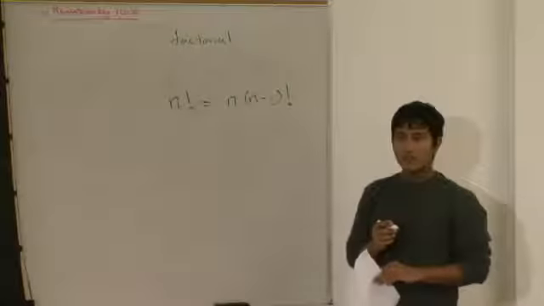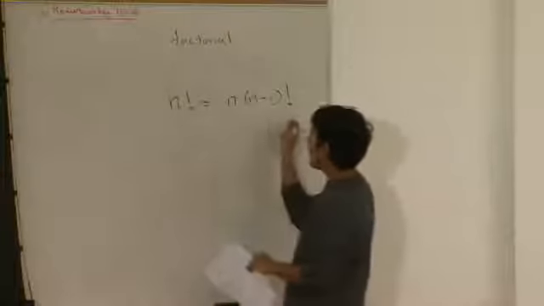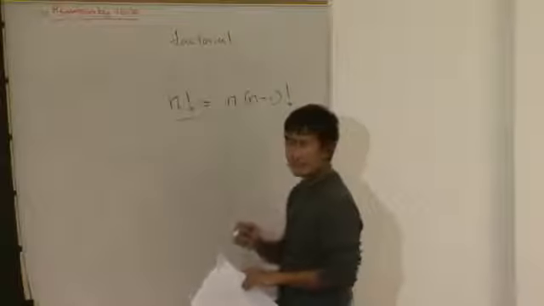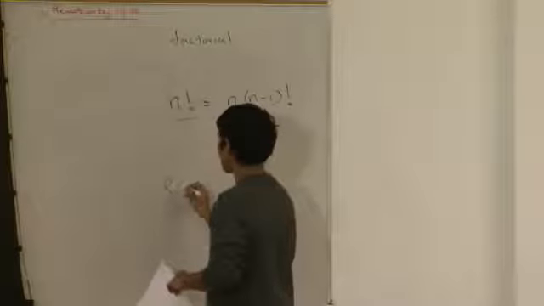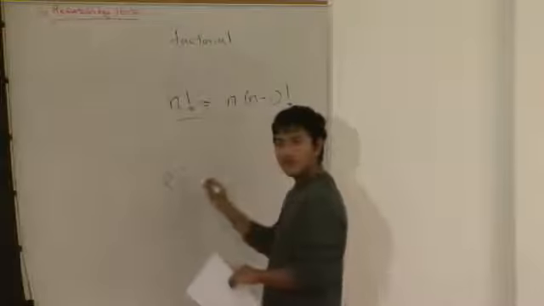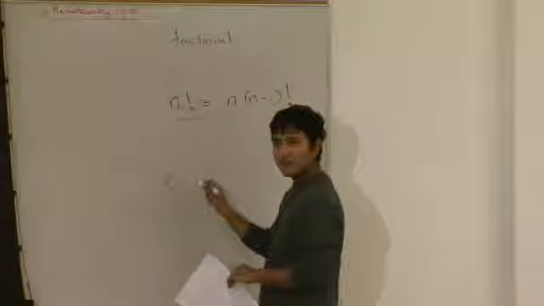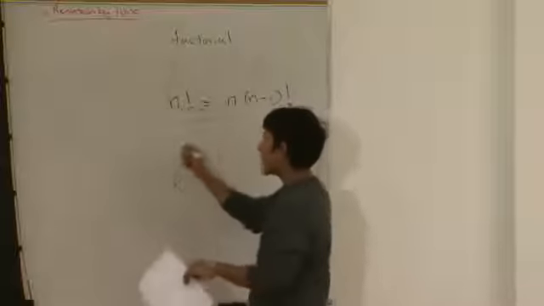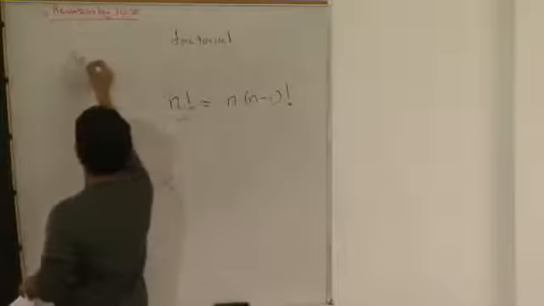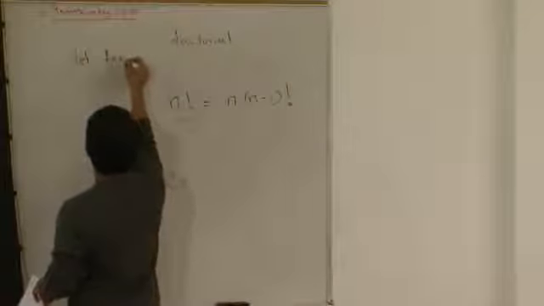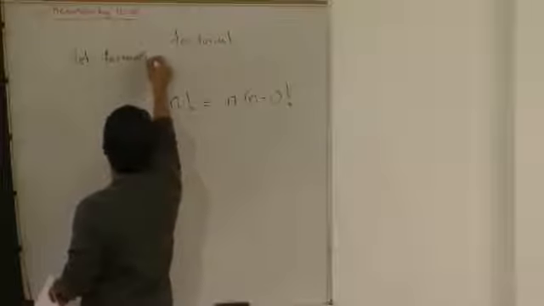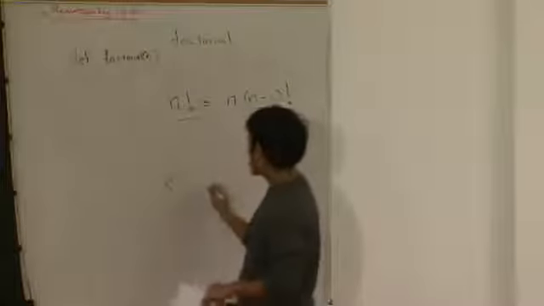Okay? So this will be our recursive case. So what is our recursive case? Suppose we want to define a function factorial n. Okay? So what will be our recursive case?